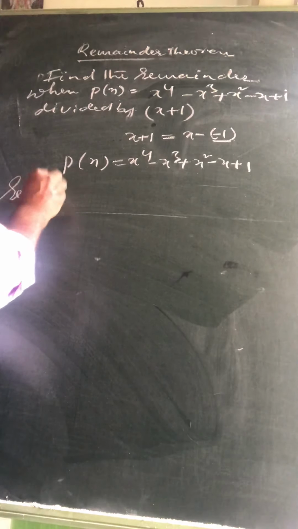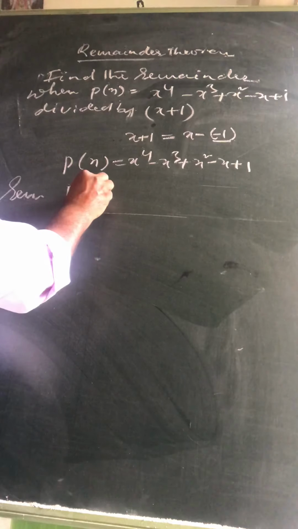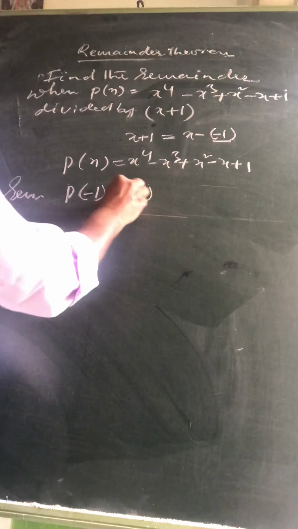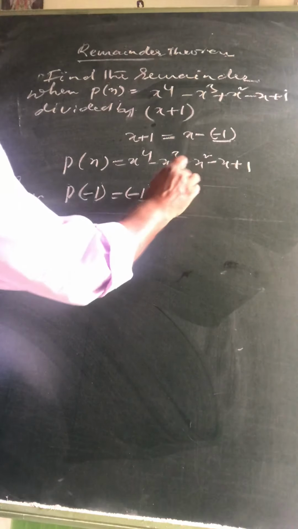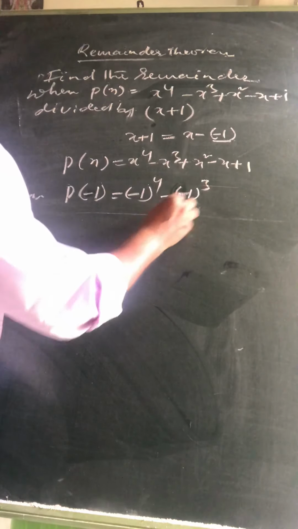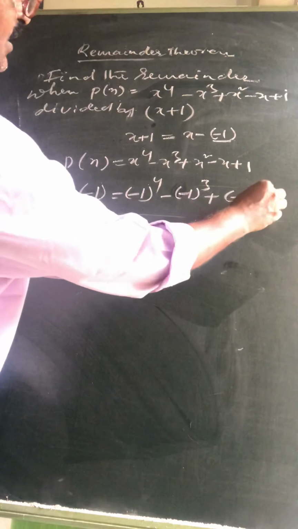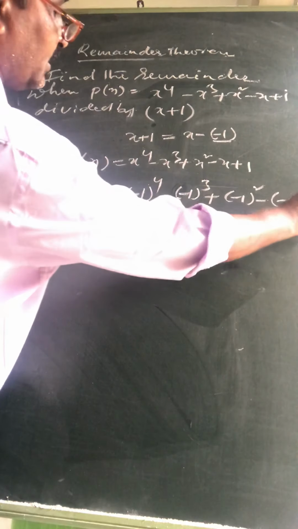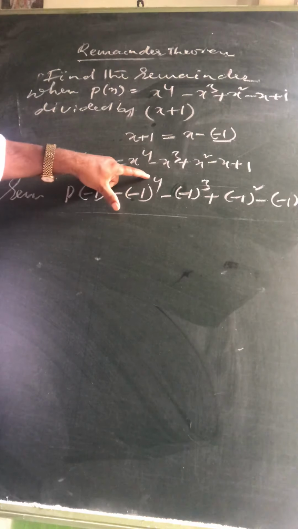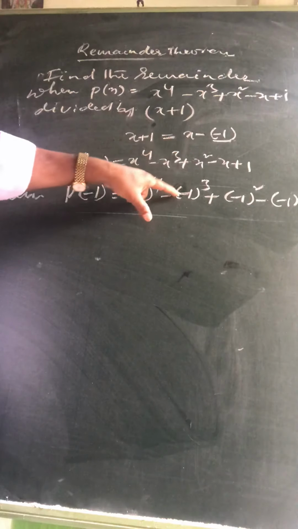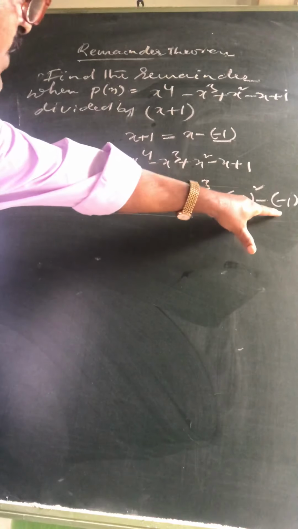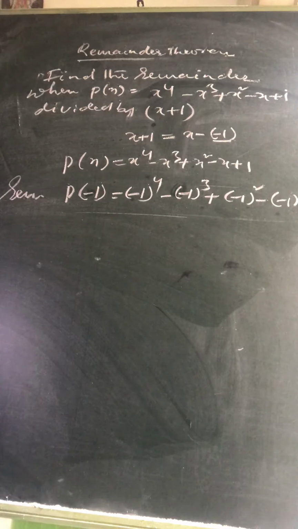Remainder is p of a, that means p of minus 1, is equal to minus 1 whole to the power of 4 minus minus 1 whole cube plus minus 1 whole square minus of minus 1 plus 1.